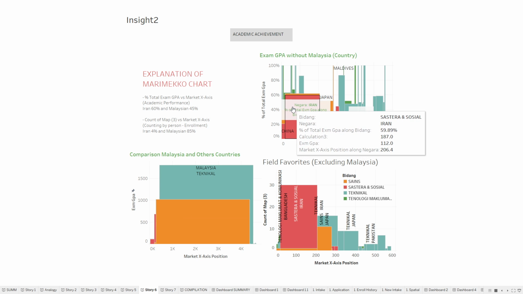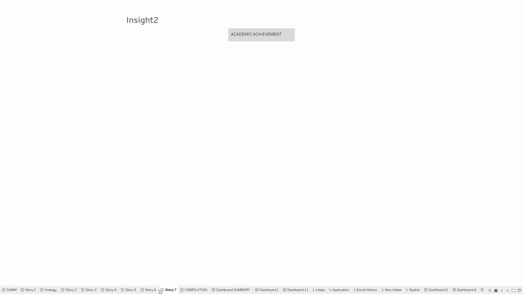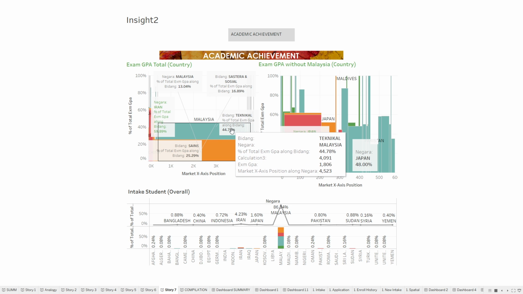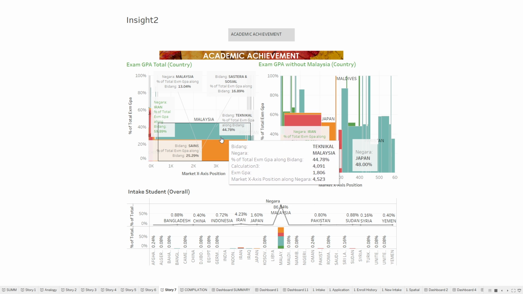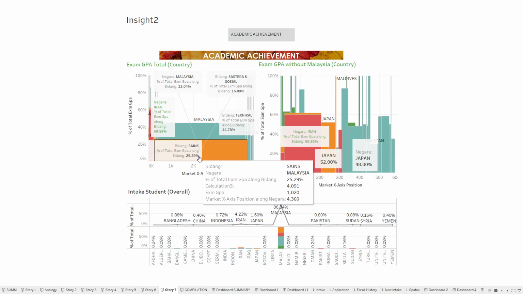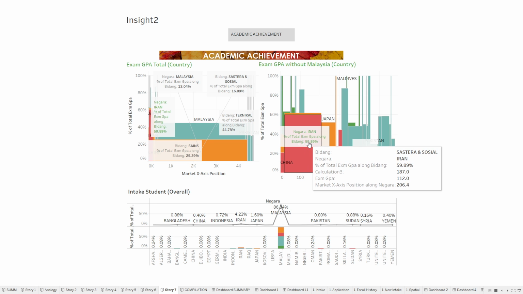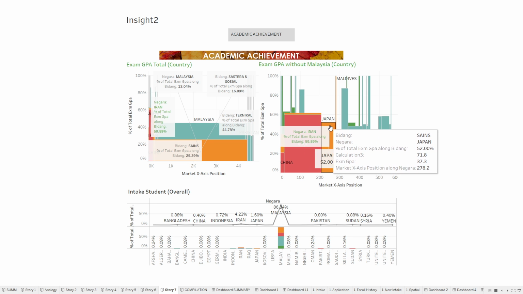This is the explanation of the Mekko chart. It can be said here that in the academic achievement for the exam, we managed to get the insight that Malaysians are only capable in technical at 44.78% and science at 25.29%, compared to Iran at 60% here, and Japan at approximately 52%.